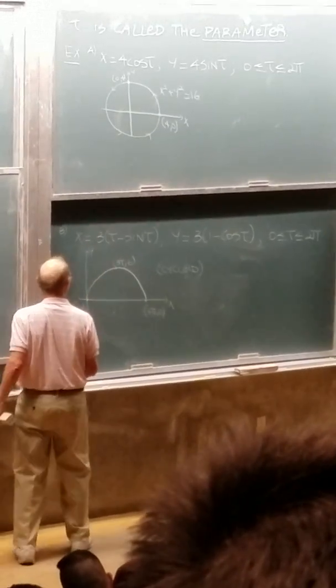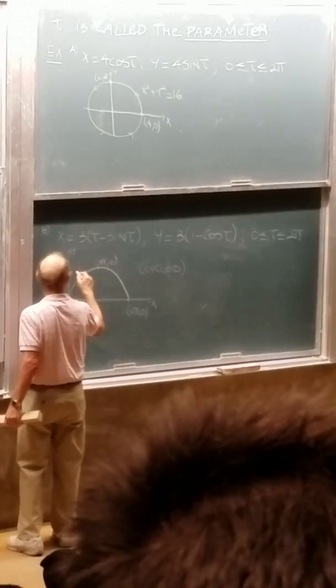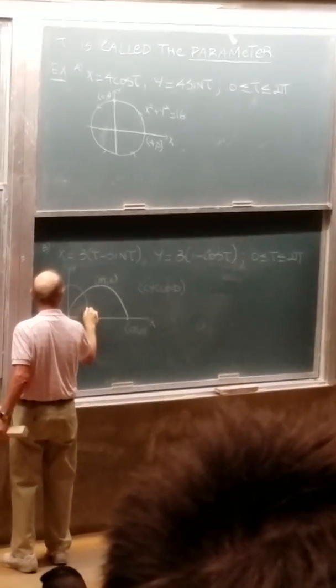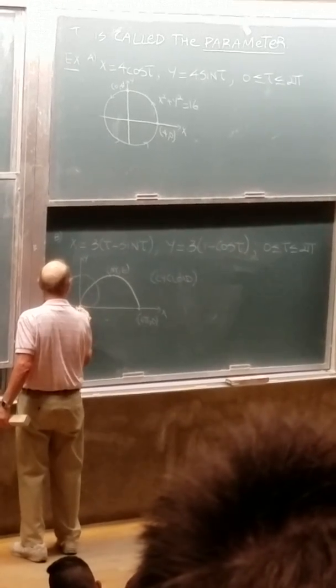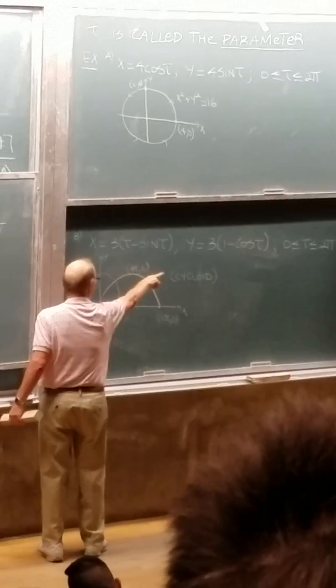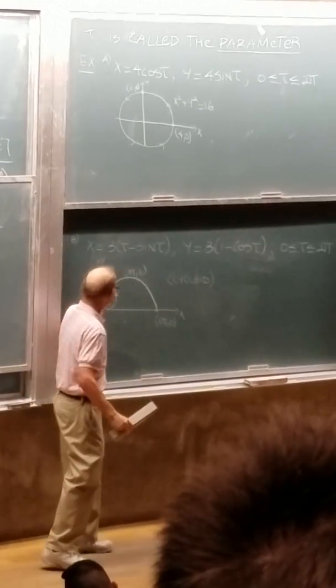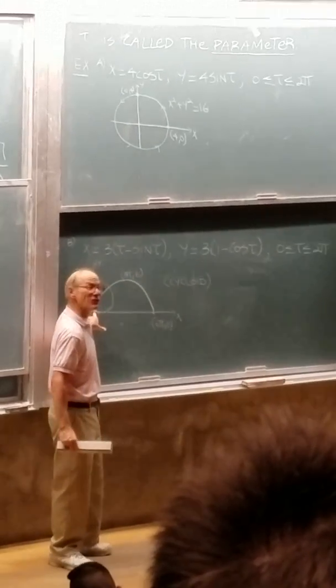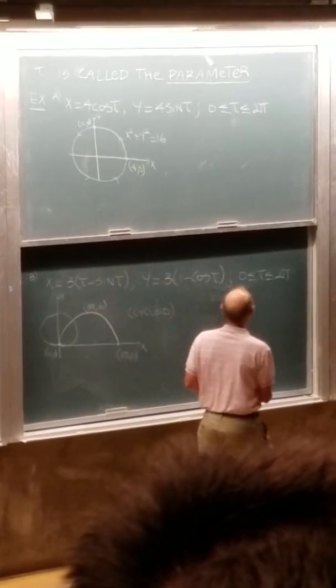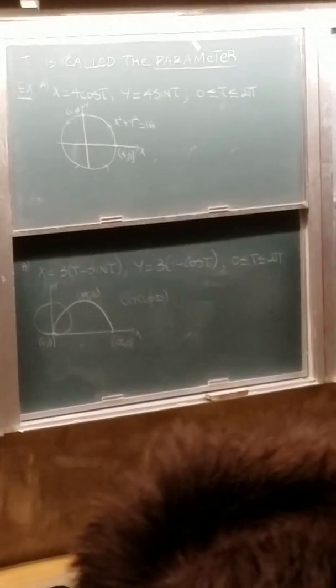Suppose we start out with a circle and paint a dot on it. As we roll the circle to the right along the x-axis, this is the path the dot will trace out. That's another example of a curve given parametrically.